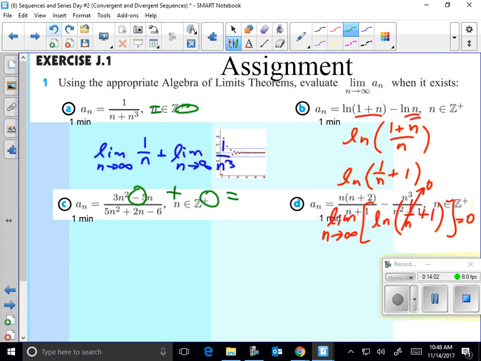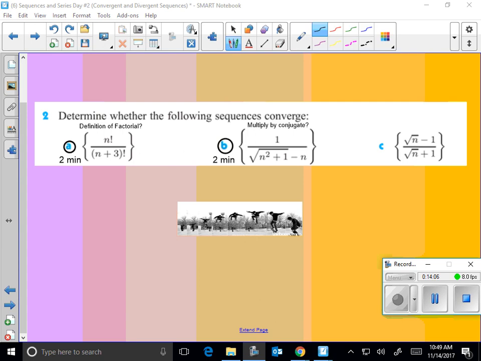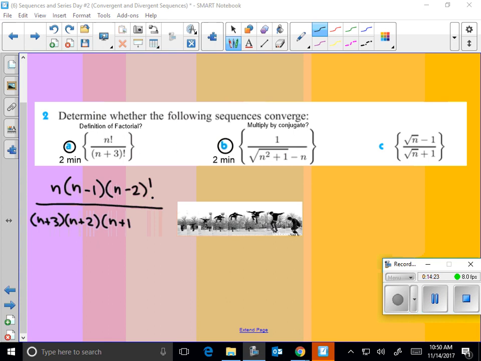Now, let's not get into series. Oh, don't use your calculator. What is n factorial? It'd be n times n minus 1 times n minus 2, and so on. What would n plus 3 factorial be? n plus 3 times n plus 2 times n plus 1 times n factorial.